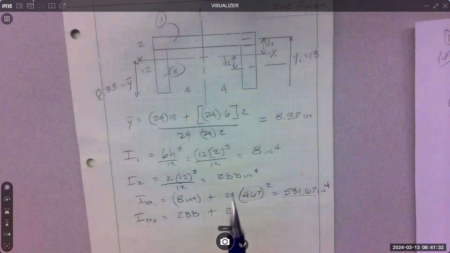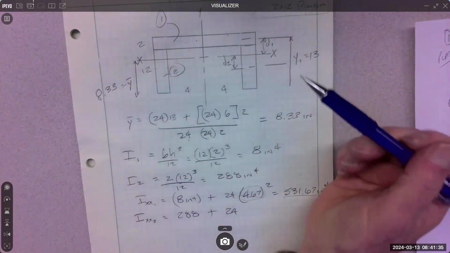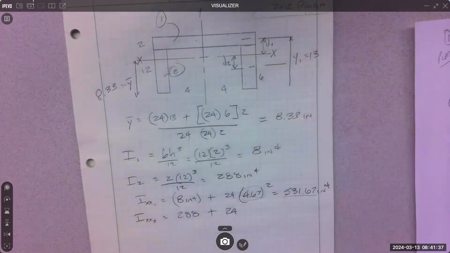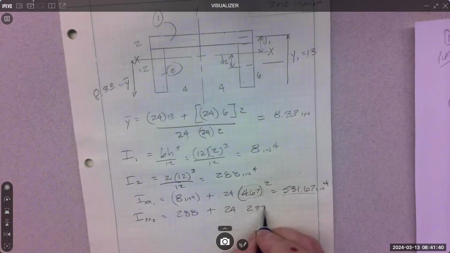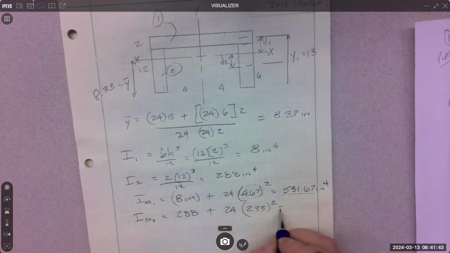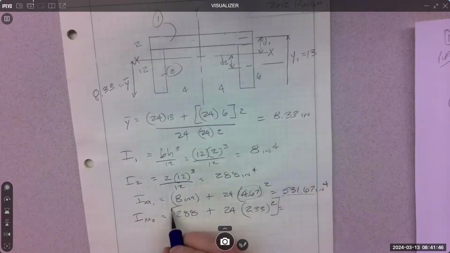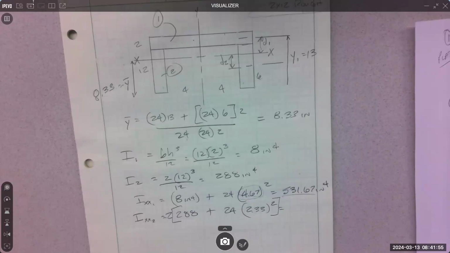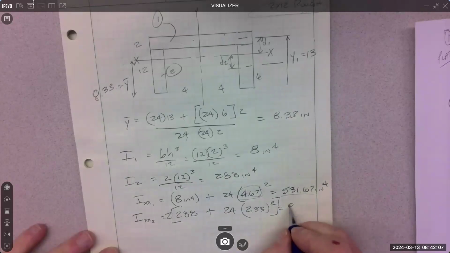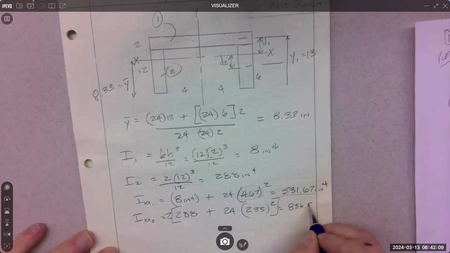Now, it looks like D2 is gonna be 8.33 minus 6, 2.33 squared. And let's multiply by 2, because there's 2 of them. 6.59. Is that times 2? 836.5872 inches to the fourth.